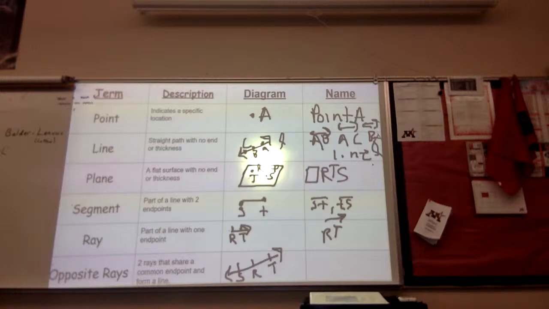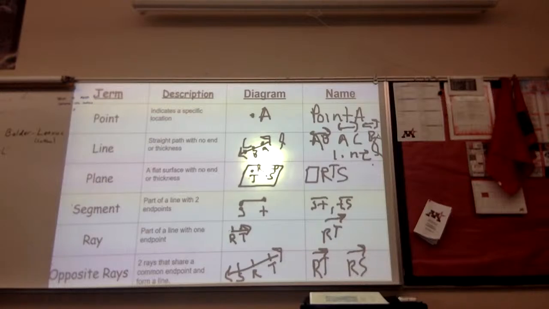So in this first one, we could use R as our endpoint. One ray is just like the one above, RT. And then the opposite of that ray would be RS because it's going the opposite way.